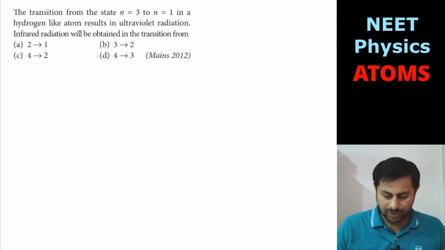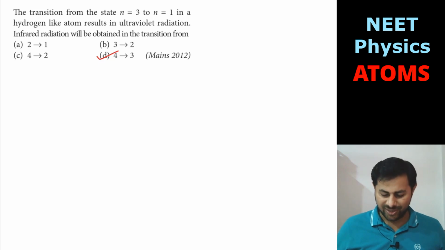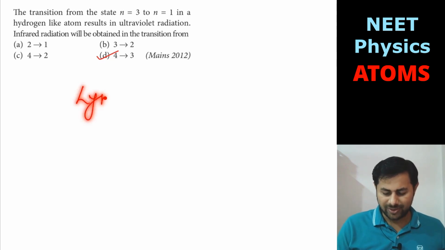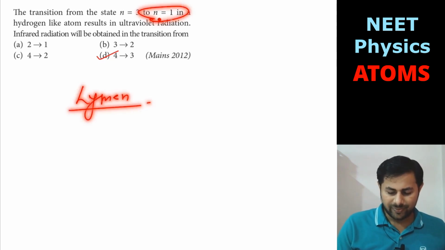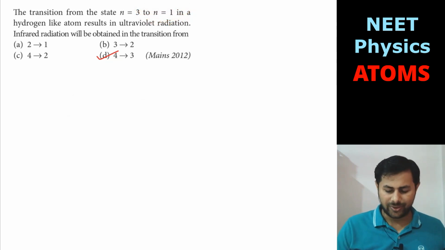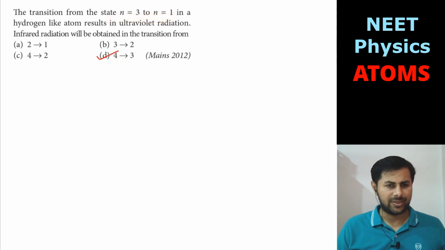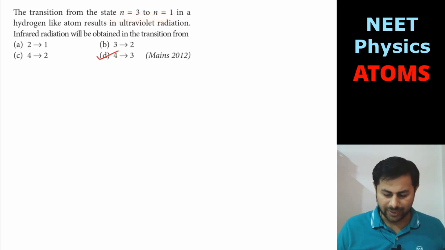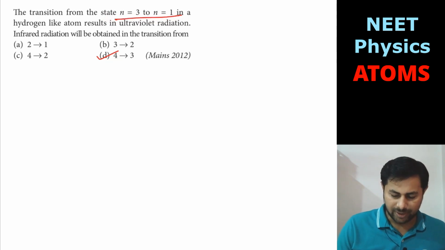So you just need to remember, Lyman is transition from any nth level to first level, and it lies in the ultraviolet region. So this is Lyman series.